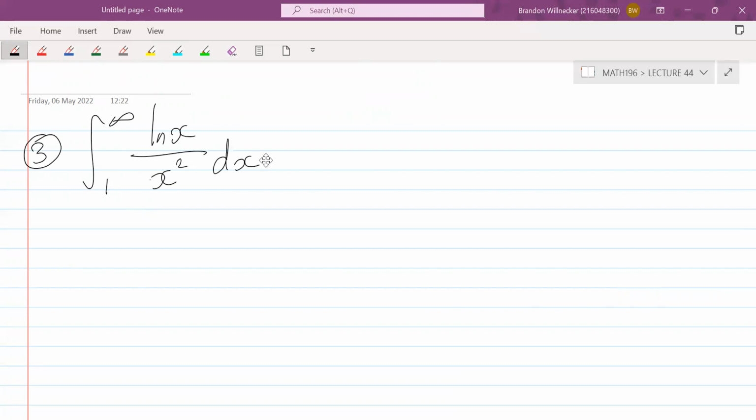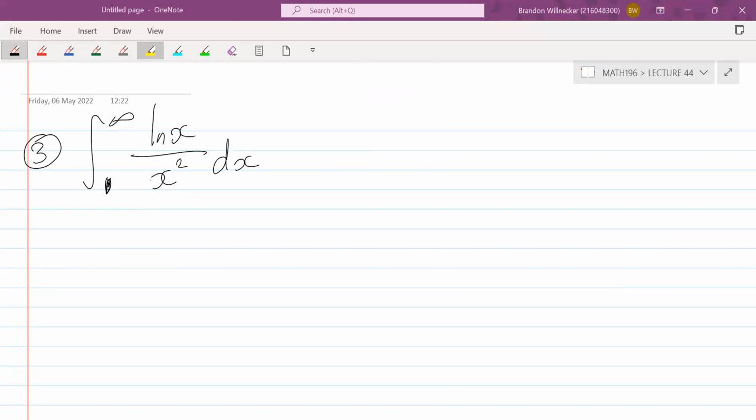So x squared at the bottom, that's nice and continuous. There's no problems there. The natural log of x, there is a problem when x goes to 0, but our lower bound is 1. So we don't have a problem with that. So everything should be fine.